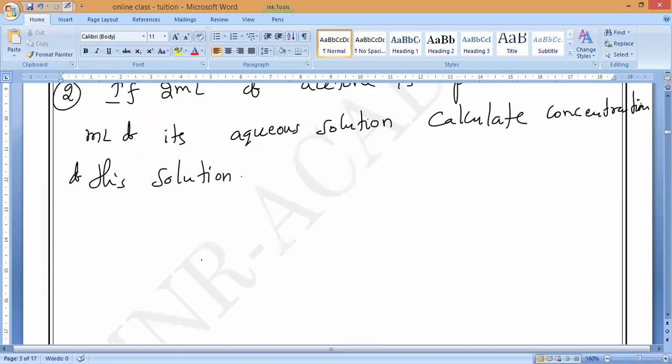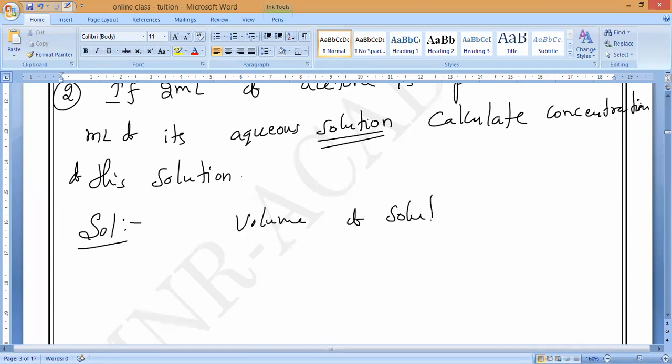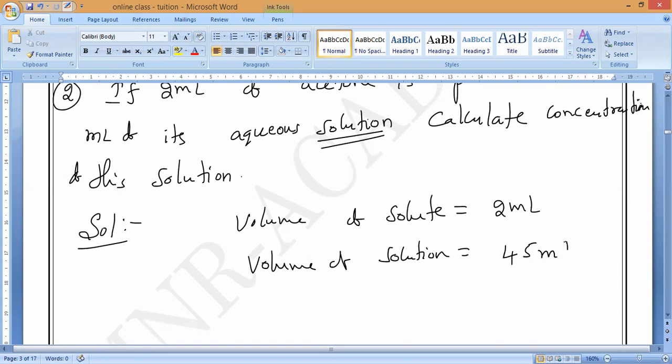Directly here you can see I am giving the solution, not the solvent. Yes or no? That is the volume of solute: 2 ml. Volume of solution is equal to 45 ml.